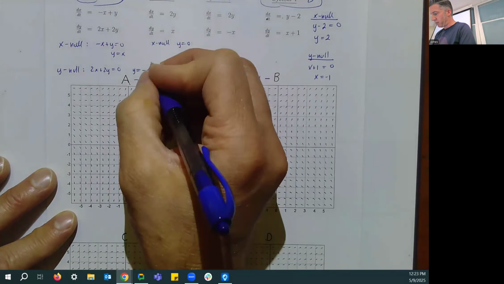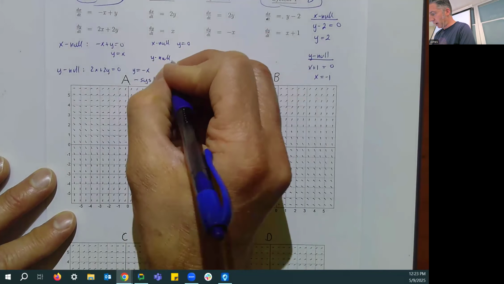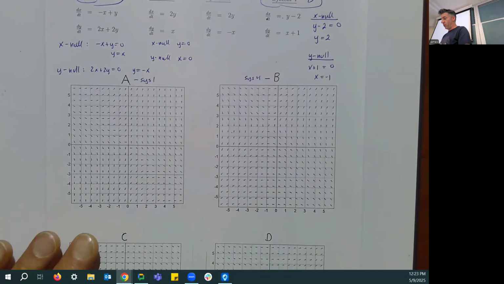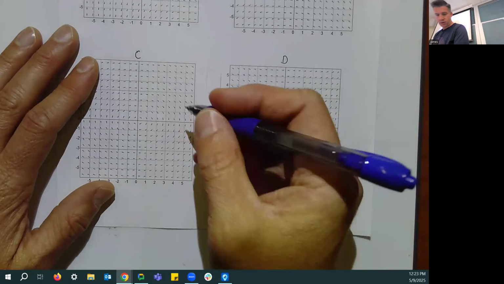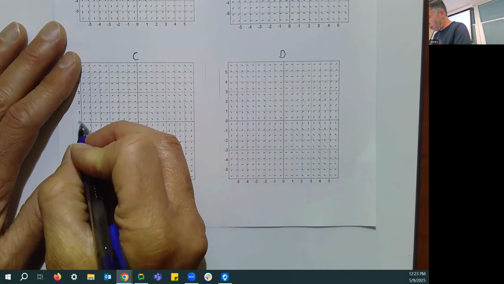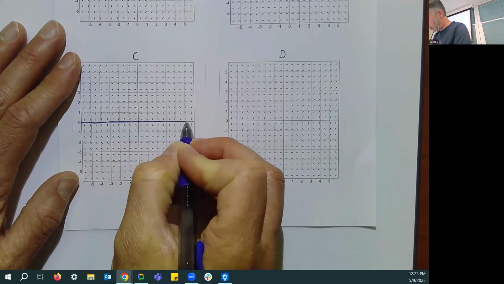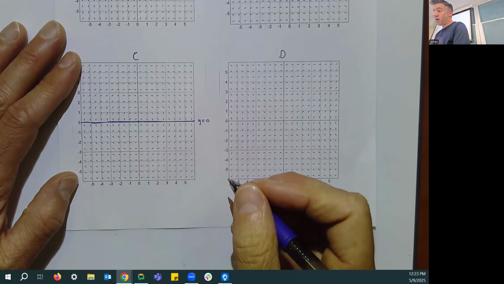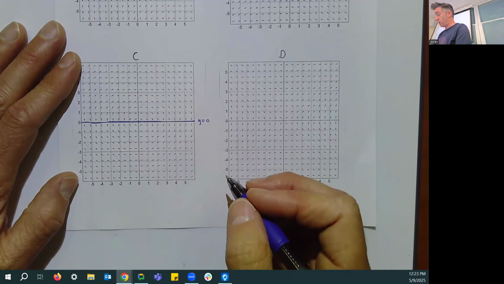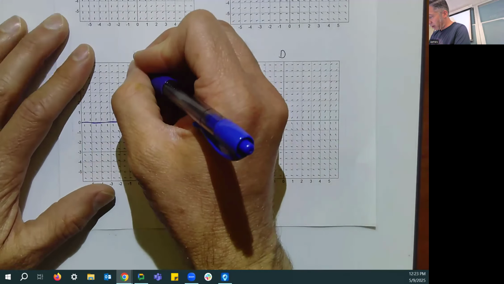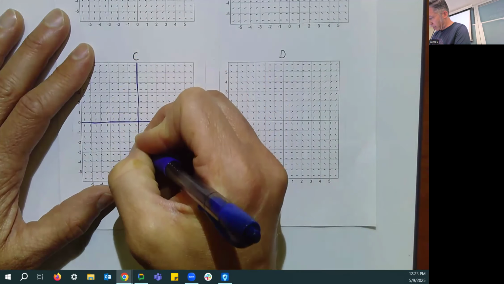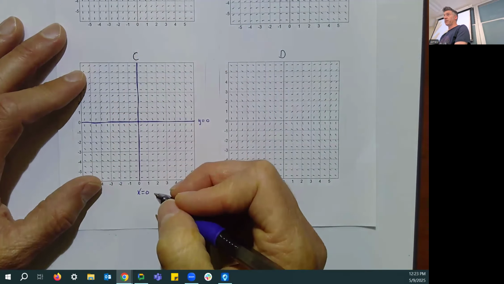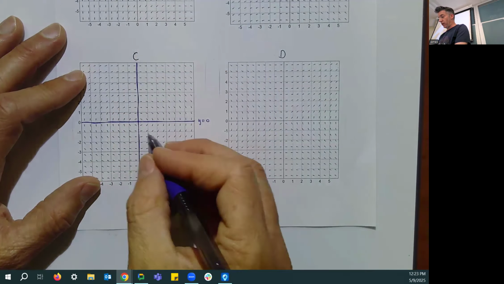And our y null cline is going to be the line x equals 0, which is the y-axis. And we can definitely see that for both C and D here, the x-axis, which is y equals 0, definitely is my x null line because all the arrows are totally vertical. And similarly, my y-axis, which is x equal to 0, is my y null line because my change in y is 0. All the lines are horizontal.